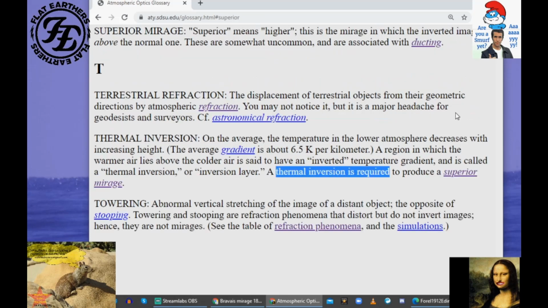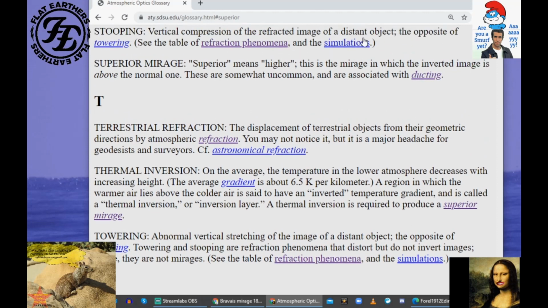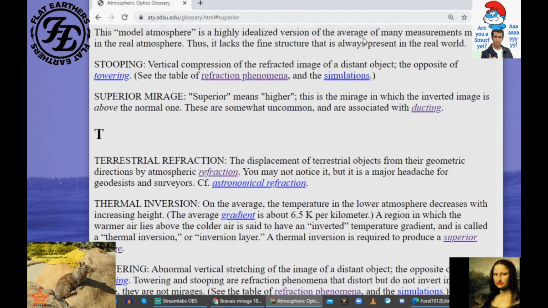Okay, I'm going to click over here to Superior Mirage. Superior Mirage has a particular visual representation. Superior means higher. This is the mirage in which the inverted image is above the normal one.